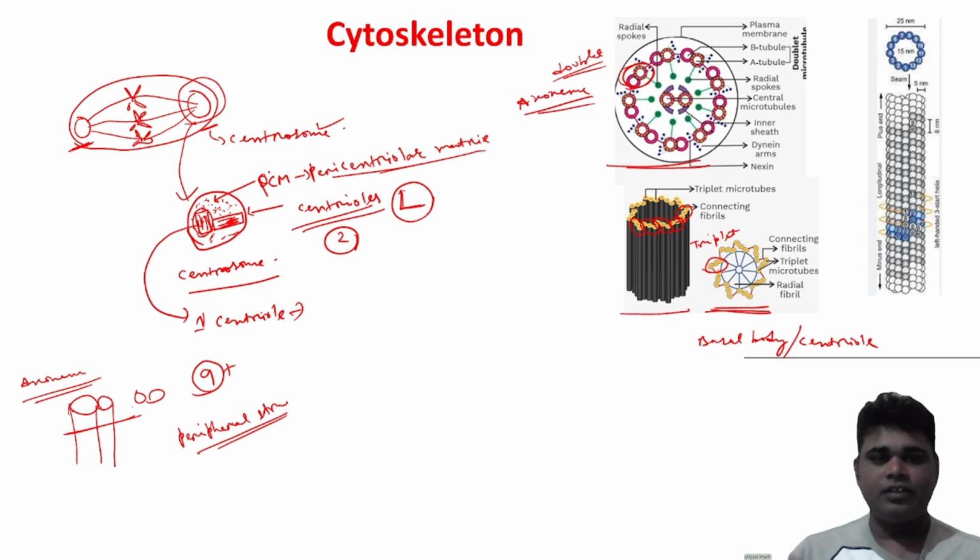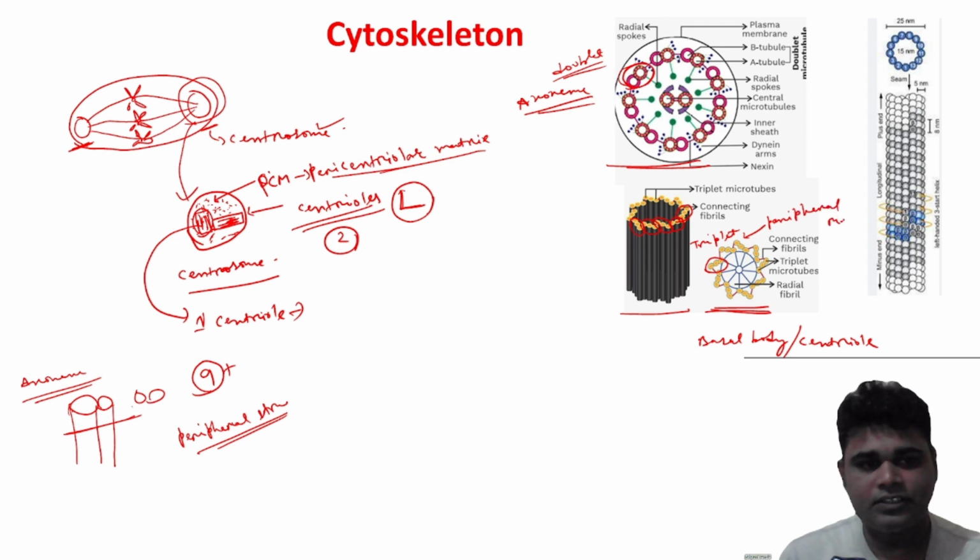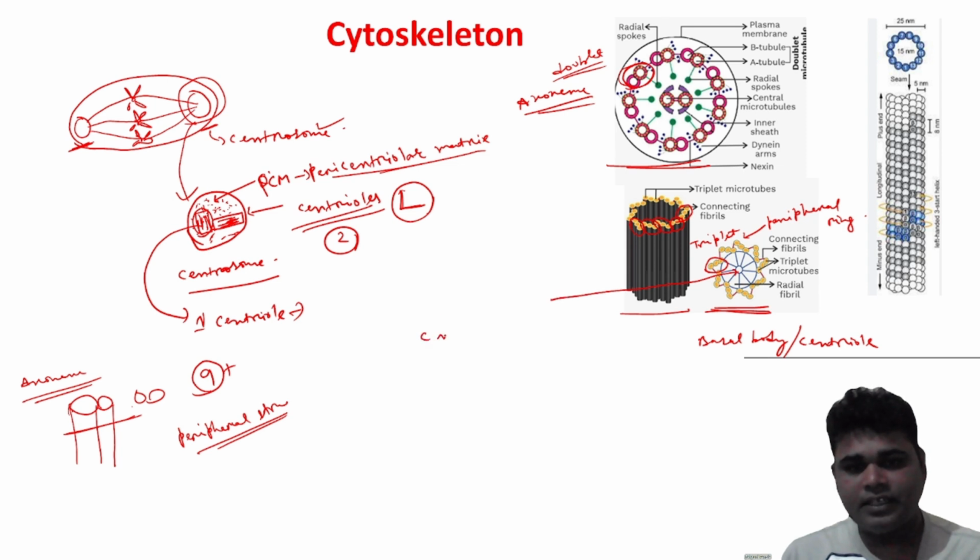They are present on the peripheral ring. The middle part is called the central ring structure, or central structure, which is also called the hub.